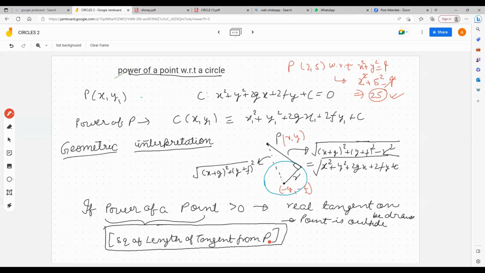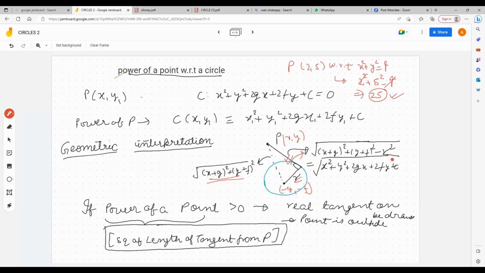It will be the square root of (x plus g) whole square plus (y plus f) whole square. And this is r, we know that. Now, if we need to find the tangent length, then by Pythagoras theorem, it will be equal to the square root of this distance square minus r square. Or we can say it will be equal to the square root of (x plus g) whole square plus (y plus f) whole square minus r square.